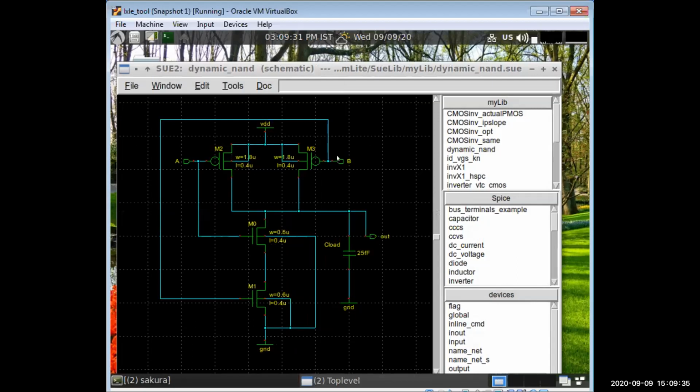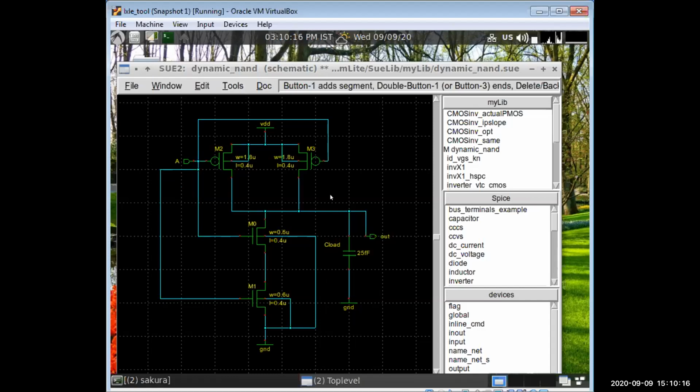So here you can see I will be showing only one condition. Let's remove this and I will show for both the voltage sources being the same. So let's connect all the voltage source A. Okay, every voltage source is connected.